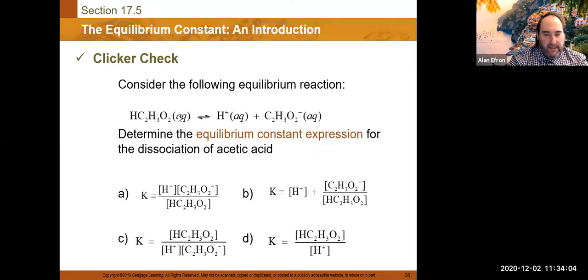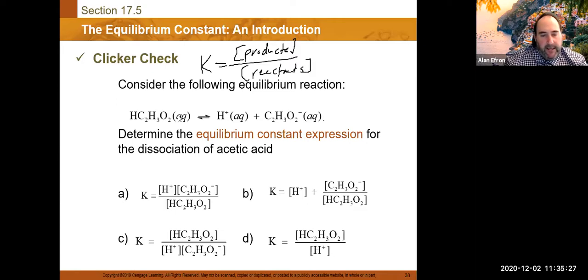All right, so take a second here and determine what the equilibrium expression should be for this reaction. Want to make sure that we use our coefficients as our exponents. So we would start with our product side here. We have the concentration of H plus, and we would include it because it's aqueous.